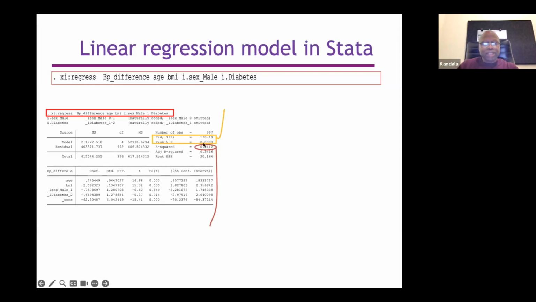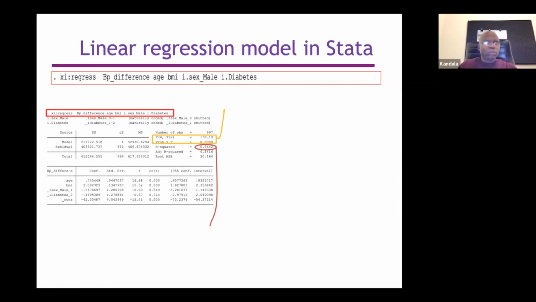Now going back to our regression analysis with the output, we still can see that the test statistic here is highly significant, meaning that we are still having a good model with a p-value that is less than 0.05. We will also be interested in looking at the R-square, the variation.